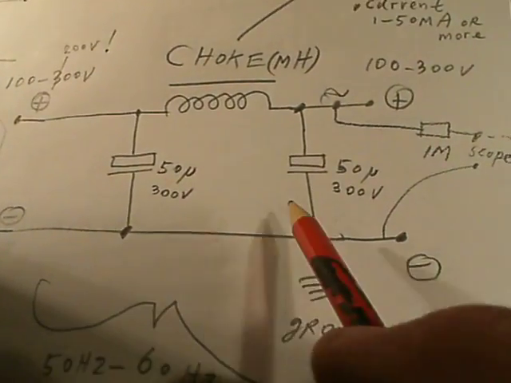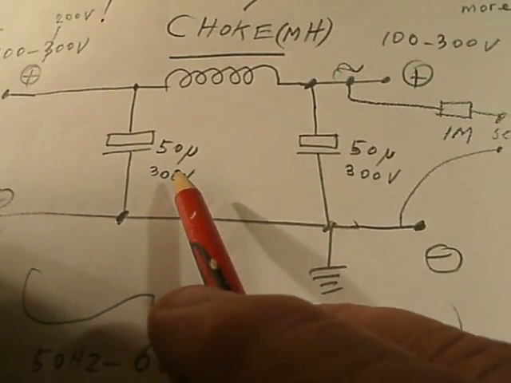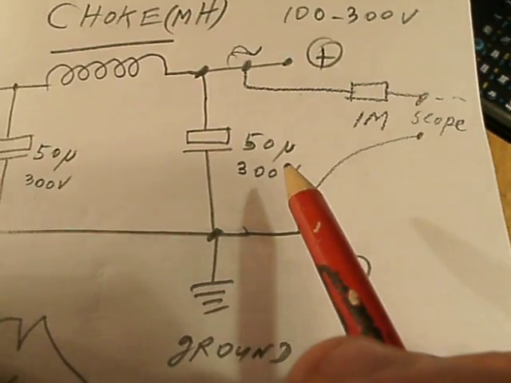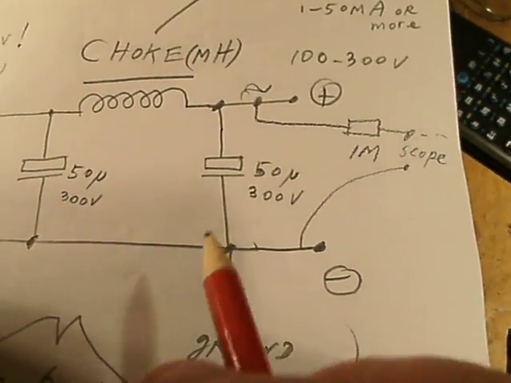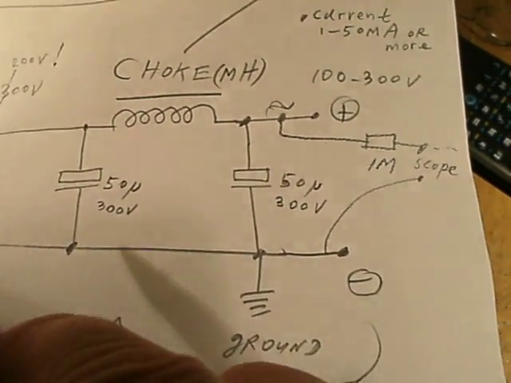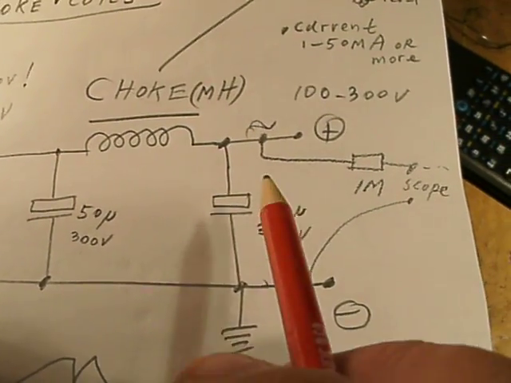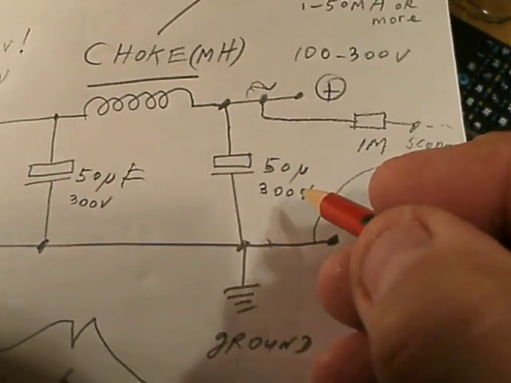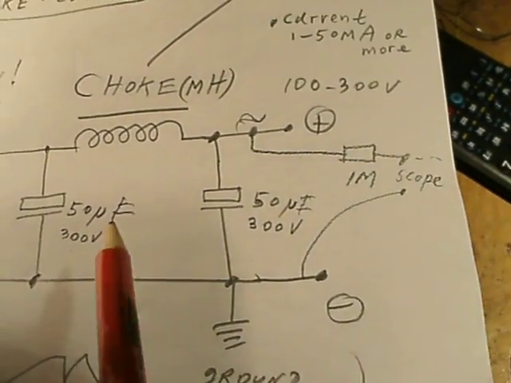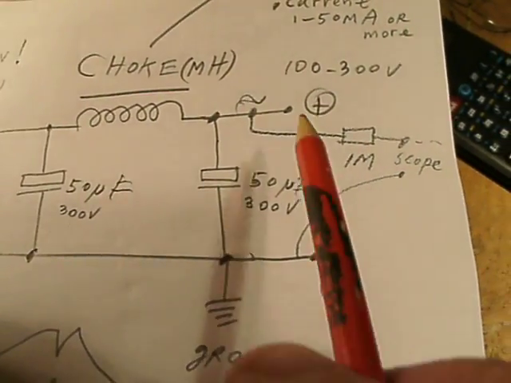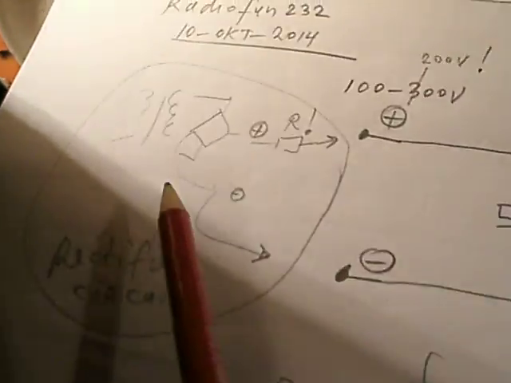Often these two capacitors can be in the 50 microfarad range up to the 100 microfarad range, but the choke here is decisive for how good you can filter out all the AC, all that hum that comes out of the main supply via the bridge rectifier.